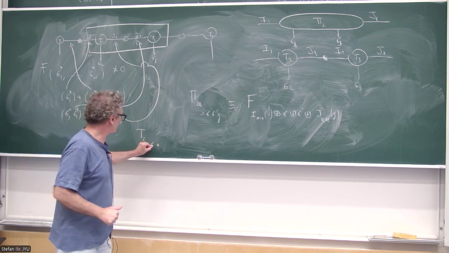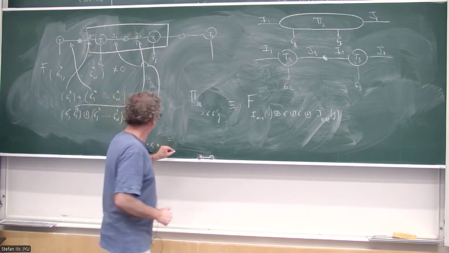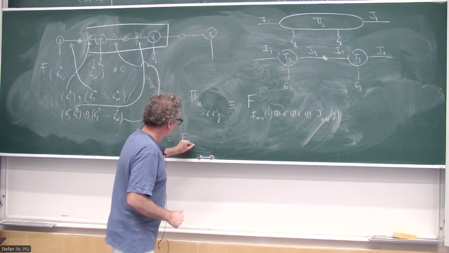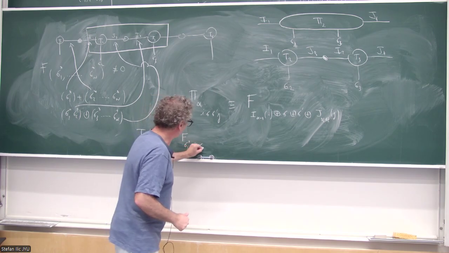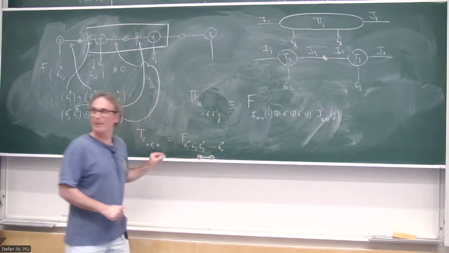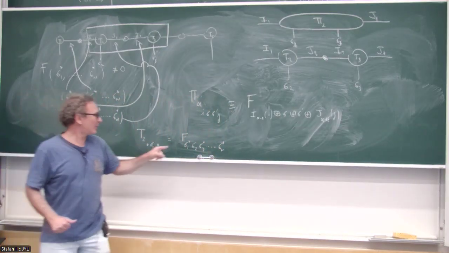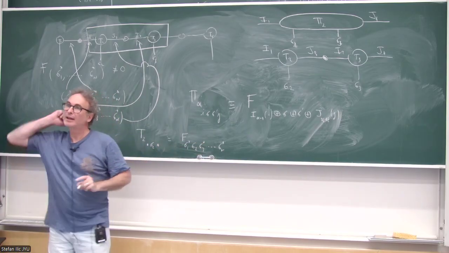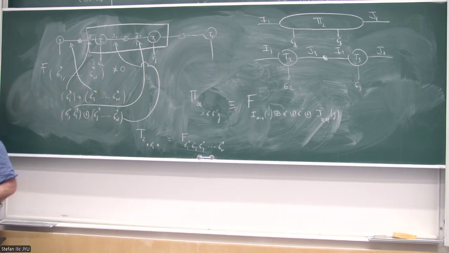So it's equal to F sigma 1 star, sigma 2, sigma 3 star, etc., sigma n star. So it's a function of sigma 2, and all the rest are frozen. That's what I mean by slice. I go through a 1D slice of all possible values of sigma 2.